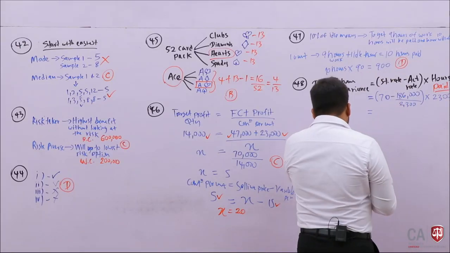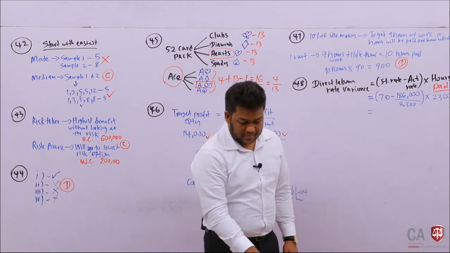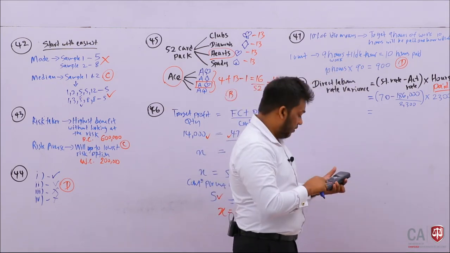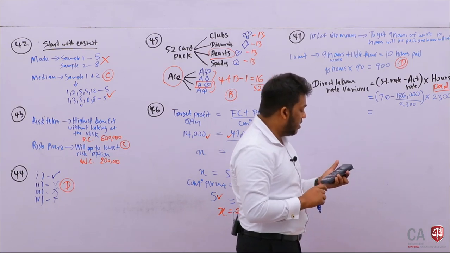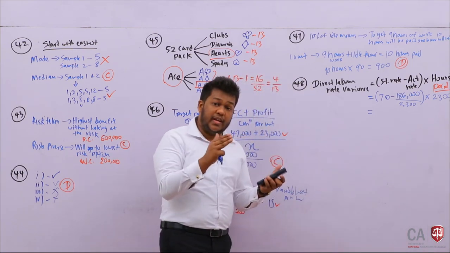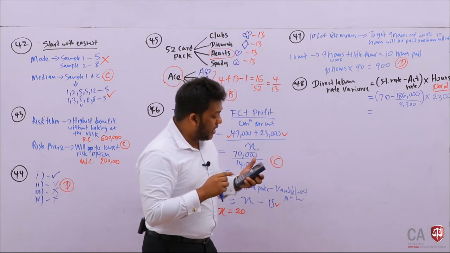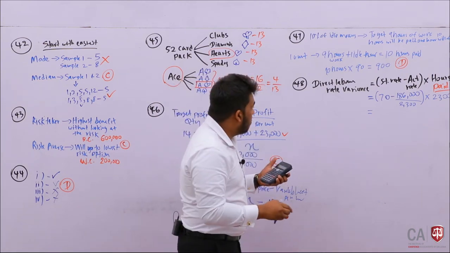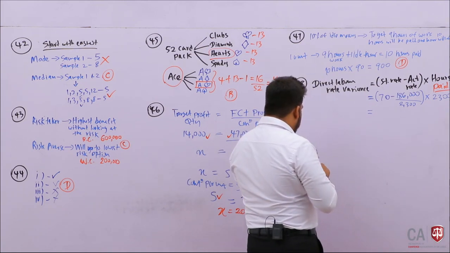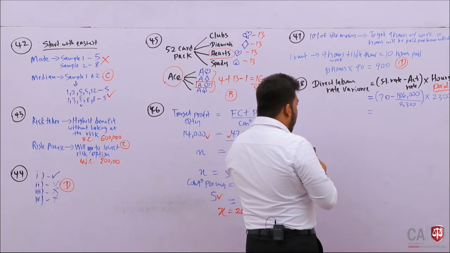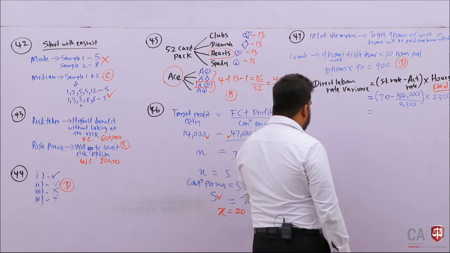The answer comes in decimals, 80.869 like this. But if you take 70 minus that same answer from the calculator and multiply by 2,300, how much are you getting?